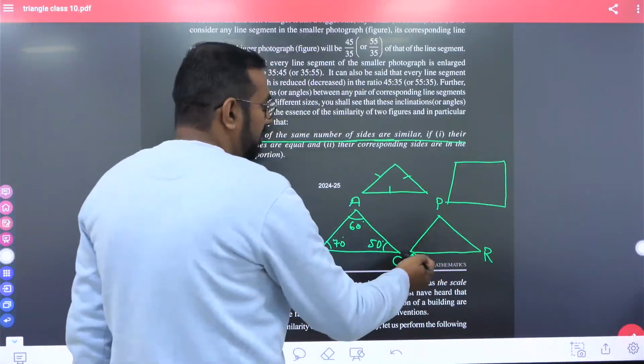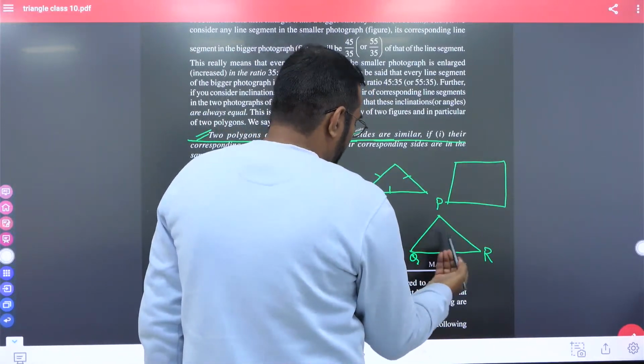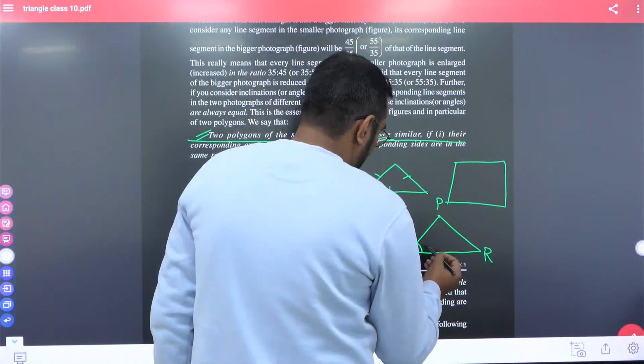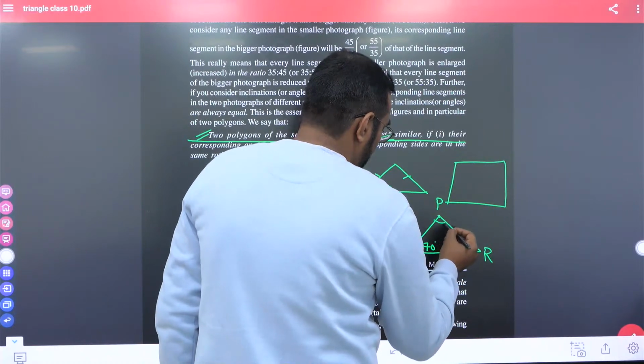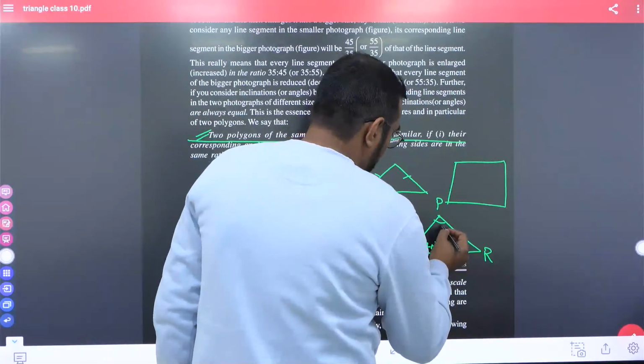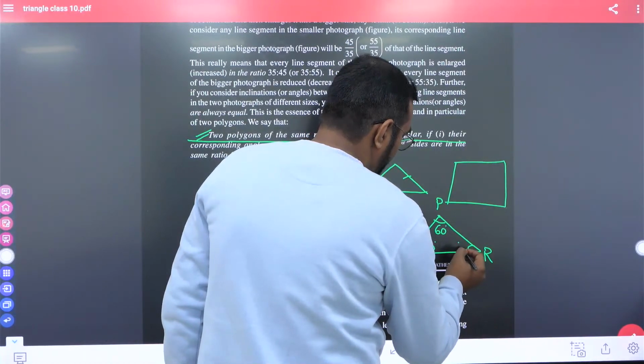What should the measures of the angles of the other triangle be so that the two triangles are similar? 70, 60, and 50.